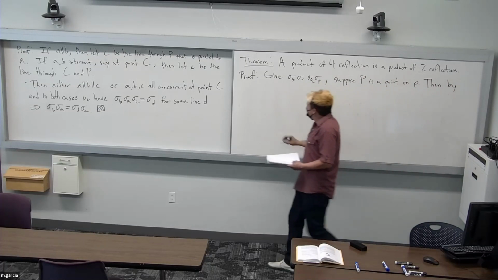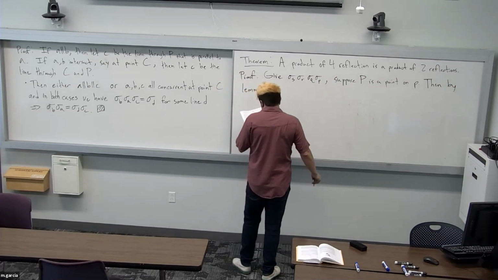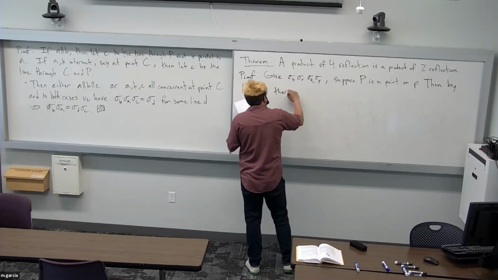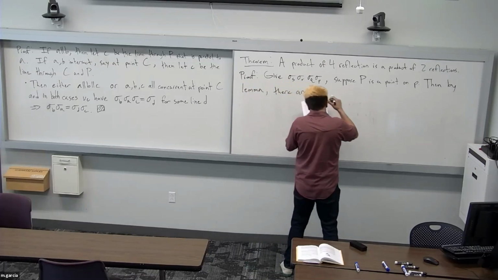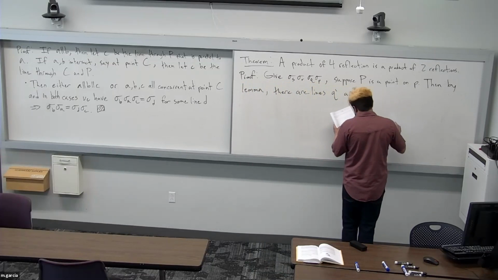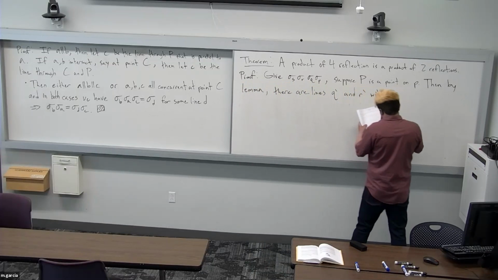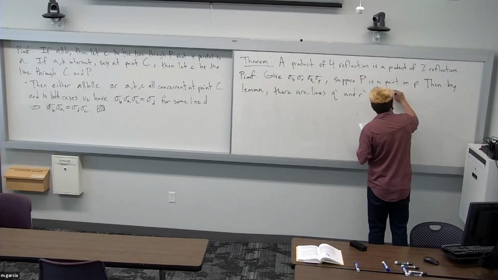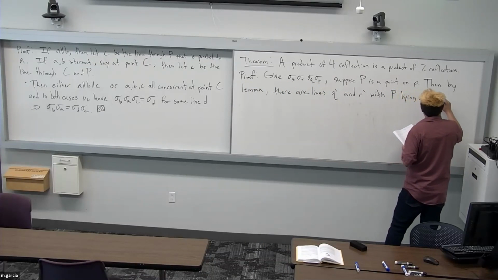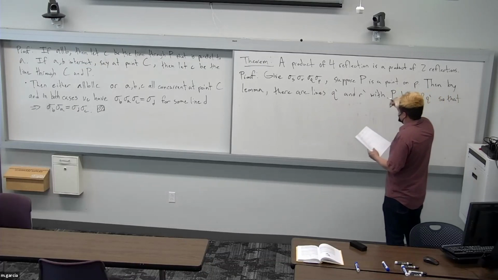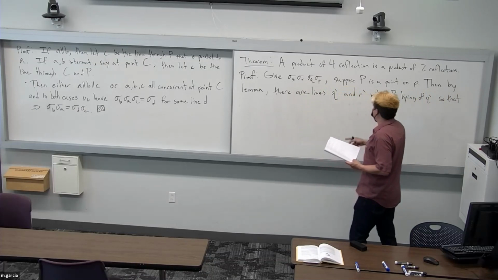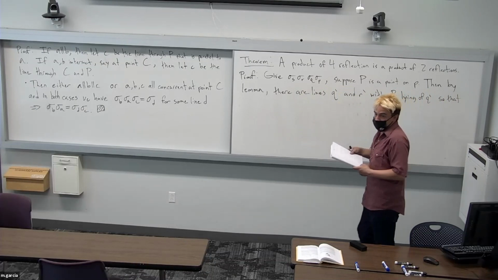Then, by the lemma, there are lines Q prime and R prime with P lying on Q prime, so that we're just going to take the middle 2 terms of this product and express them as reflections in Q prime and R prime.